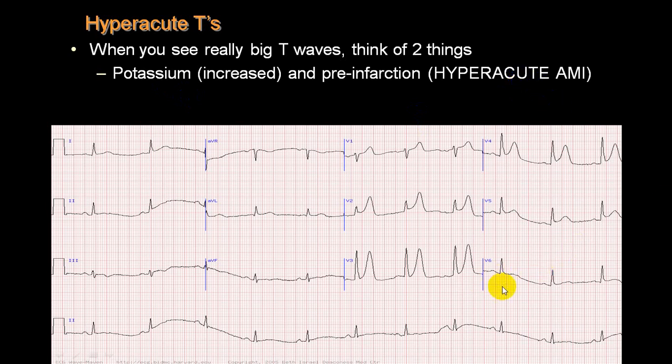If you start getting a broadening of the QRS complex, and the PR interval is getting prolonged, it will be in favor of hyperkalemia. And if there are reciprocal changes in other complexes, say you can see here T wave inversion, this will be in favor of hyperacute MI.